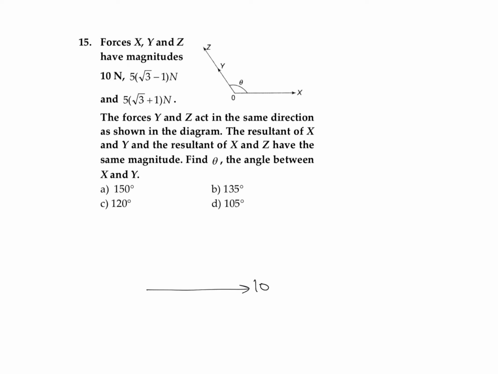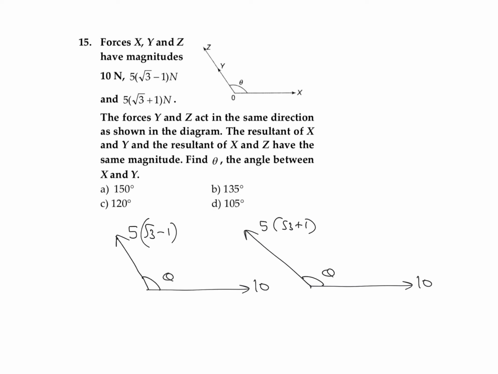The other vectors are the Y vector and the Z vector. The Y vector has a magnitude of 5 into root 3 minus 1, and the other vector has a magnitude of 5 into root 3 plus 1, and this angle is given as theta, and this angle is also theta.